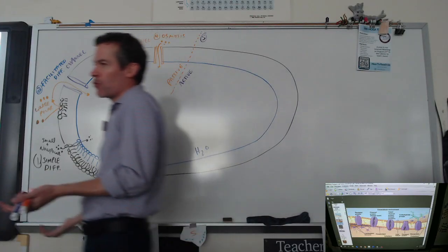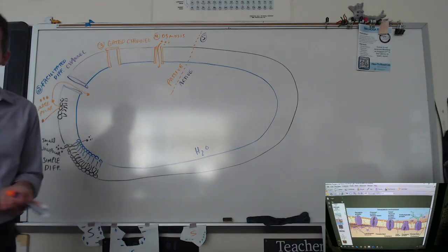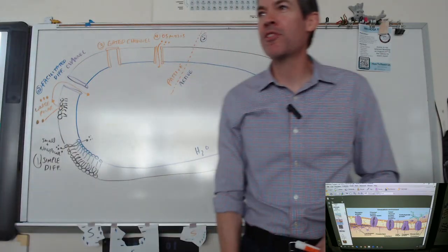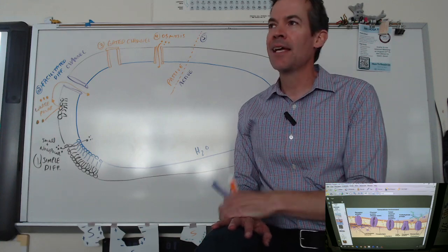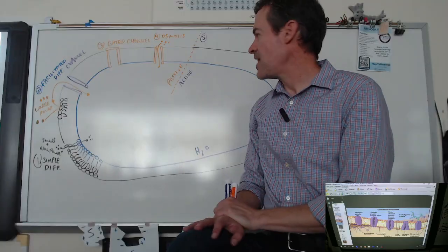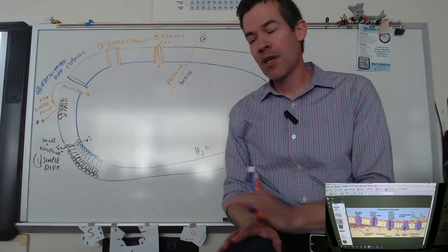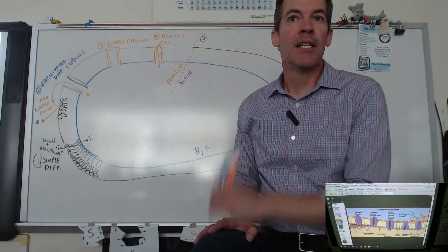So which one would require energy, passive or active? Active. And then cells run almost exclusively on, what was that 3-letter molecule? ATP. So we'll learn a little bit later, there's some exceptions, but ATP is what most cells run on. So it's kind of like everything in this building runs on electricity.